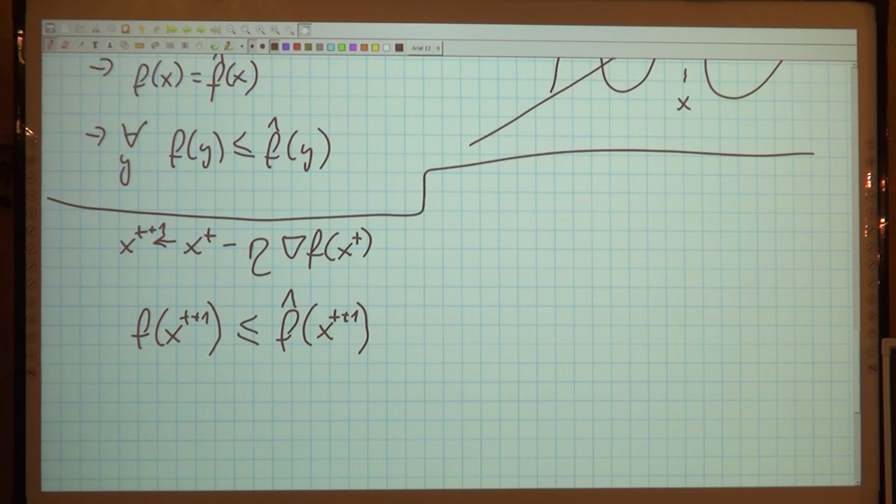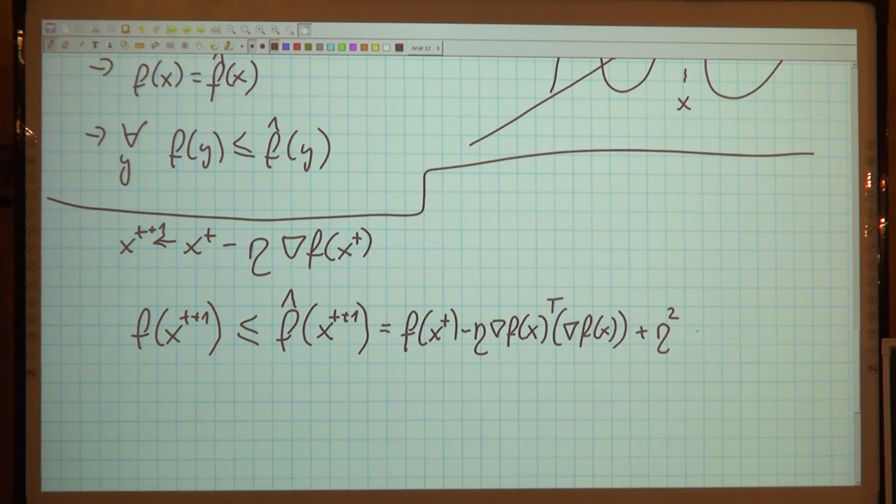This is what we get from this majorization statement. But now, what is it? The nice thing is that we know explicitly what f hat is, so we can just plug things in. So this is equal to f at x_t, plus the gradient of f transpose, times minus eta times the gradient, plus beta eta squared.